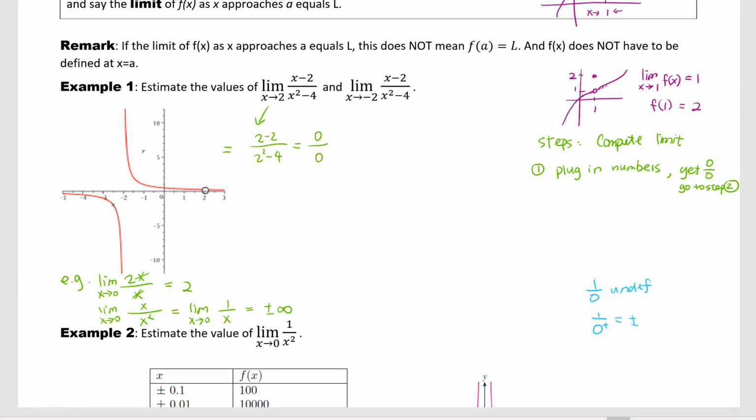And this guy will give us positive infinity. How about 1 over 0 minus? It will give us negative infinity. Okay, 0 minus is a number getting close to 0, but it's negative. Okay, so far so good. So that's why here it depends on whether x goes to 0 from the left or the right, whether it's positive or negative. So our answer could be plus or minus infinity.